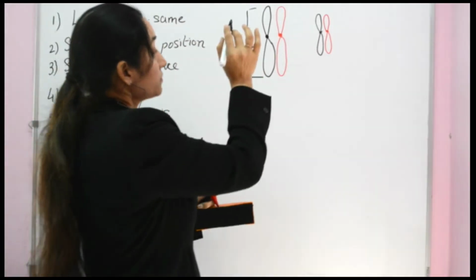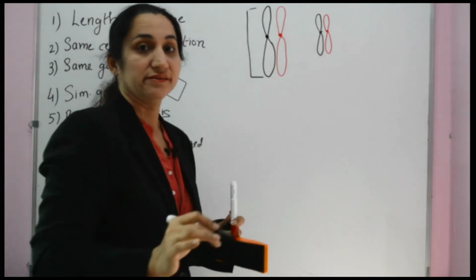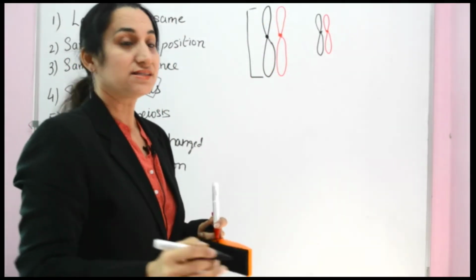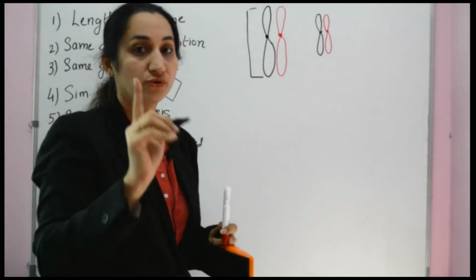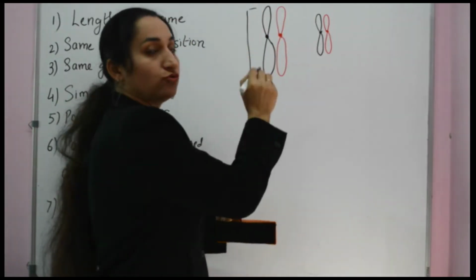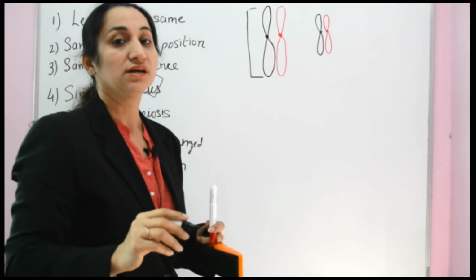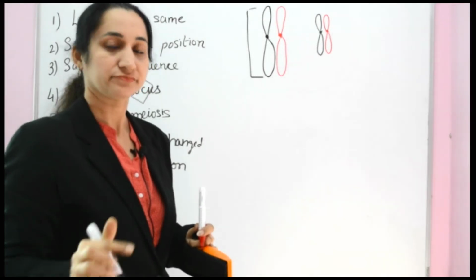The main characteristic that tells us this is a homologous chromosome, the first one, is that the length of a homologous pair is more or less the same.